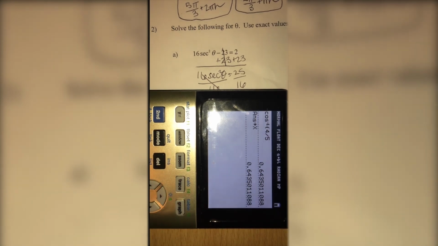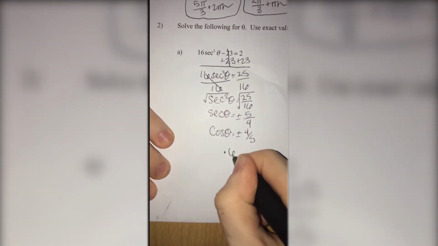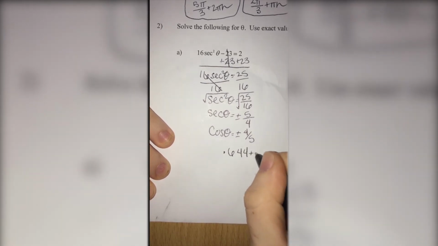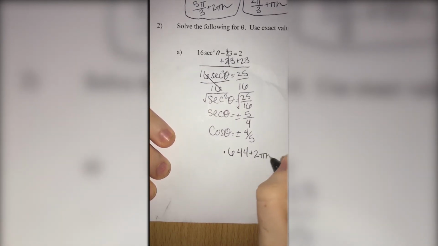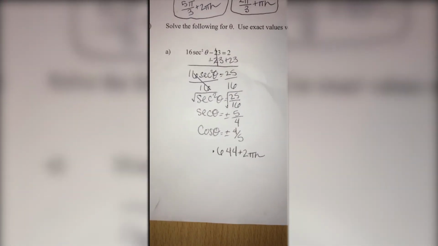That number is your quadrant 1. Since there is no domain restriction, add your 2 pi n. For your second quadrant number, subtract your number from pi.